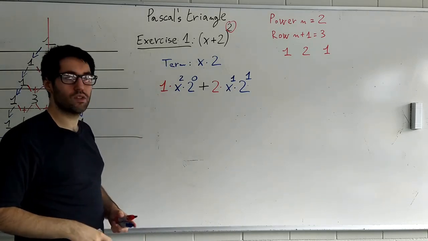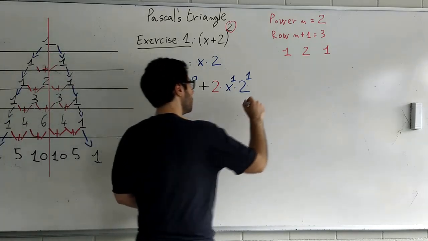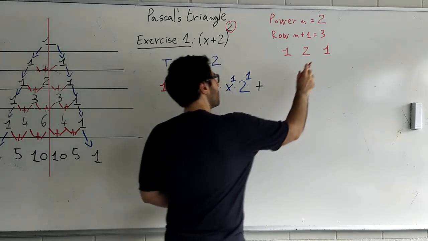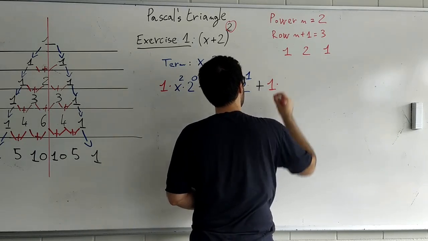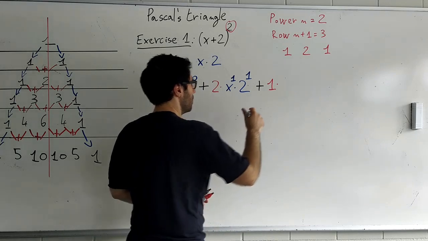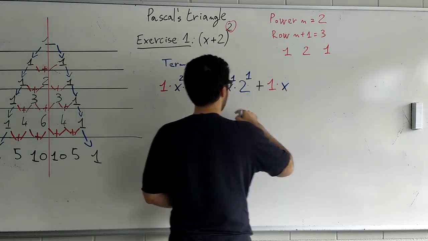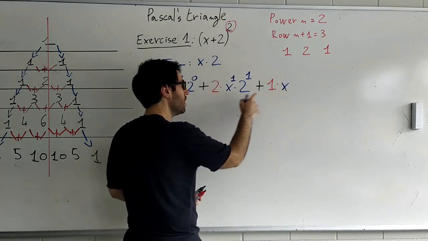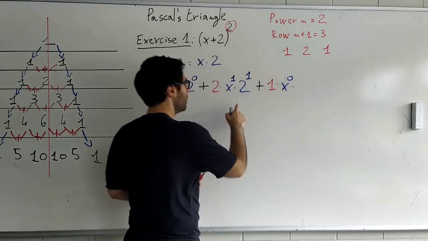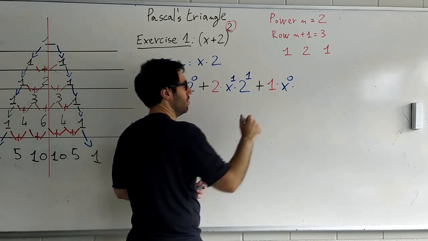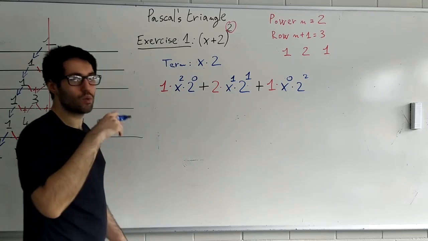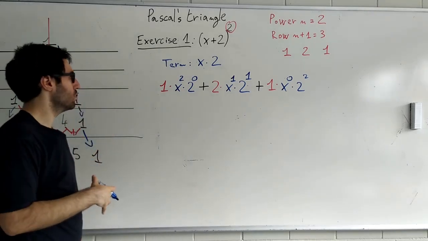Alright, we have just the last element to calculate, so plus. The last element of the row is again 1, so 1, which multiplies x, must decrease yet again. So here we have x to the power of 1, here we're going to have x to the power of 0, which multiplies 2 to the power of 2. Here we have 2 to the power of 1, so we have to increase to the power of 2.